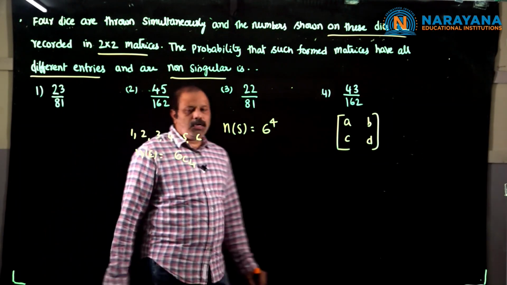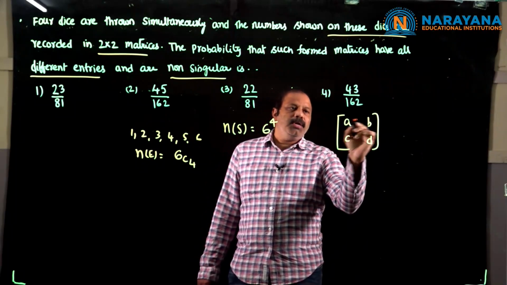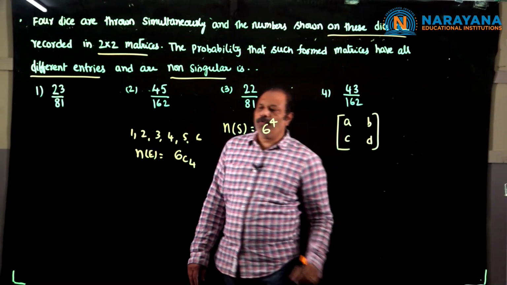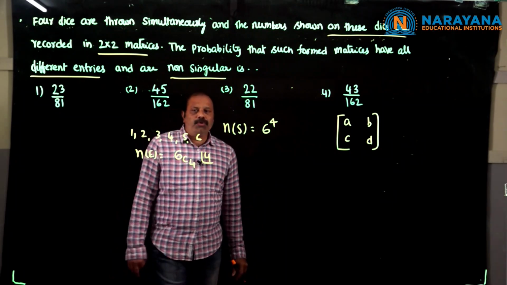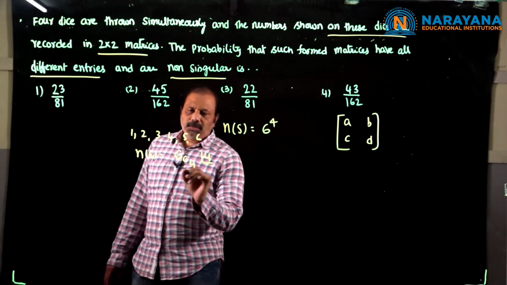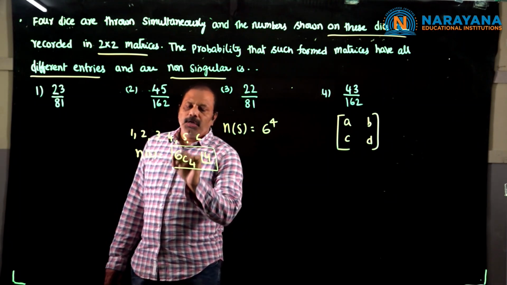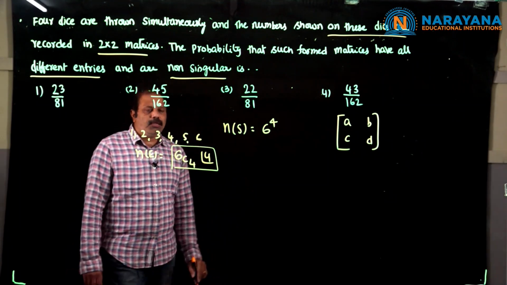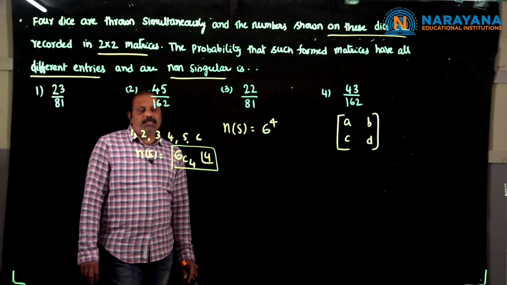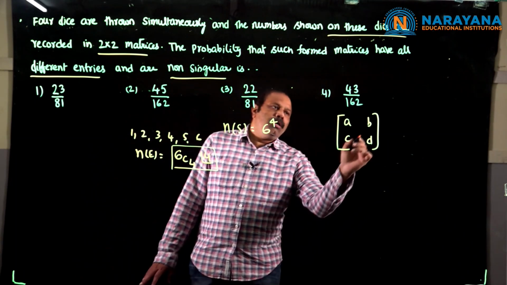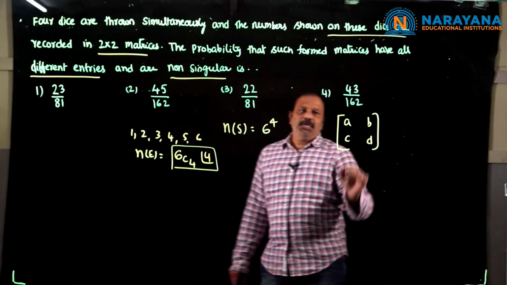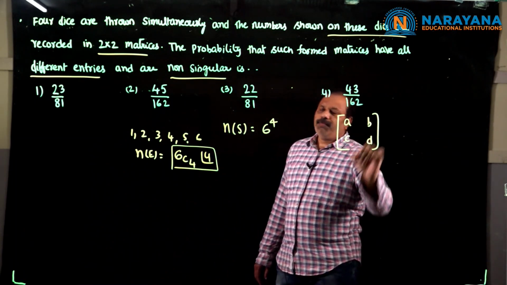After selecting 4 different numbers, they can be arranged in this matrix in 4 factorial ways. So, 6C4 into 4 factorial is the number of ways of getting 4 different upturned faces and simultaneously arranging them in the form of a matrix.